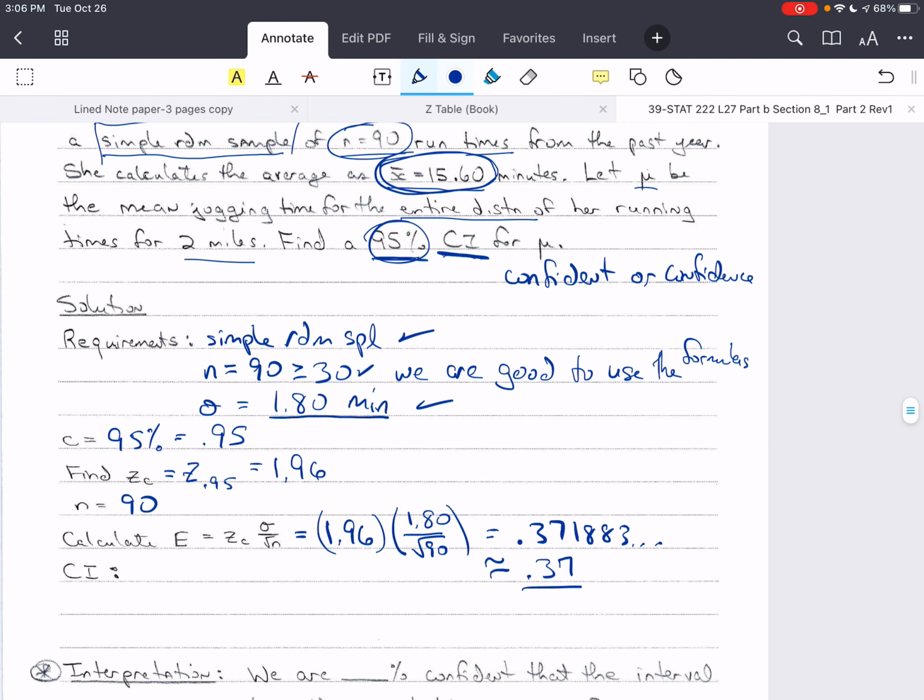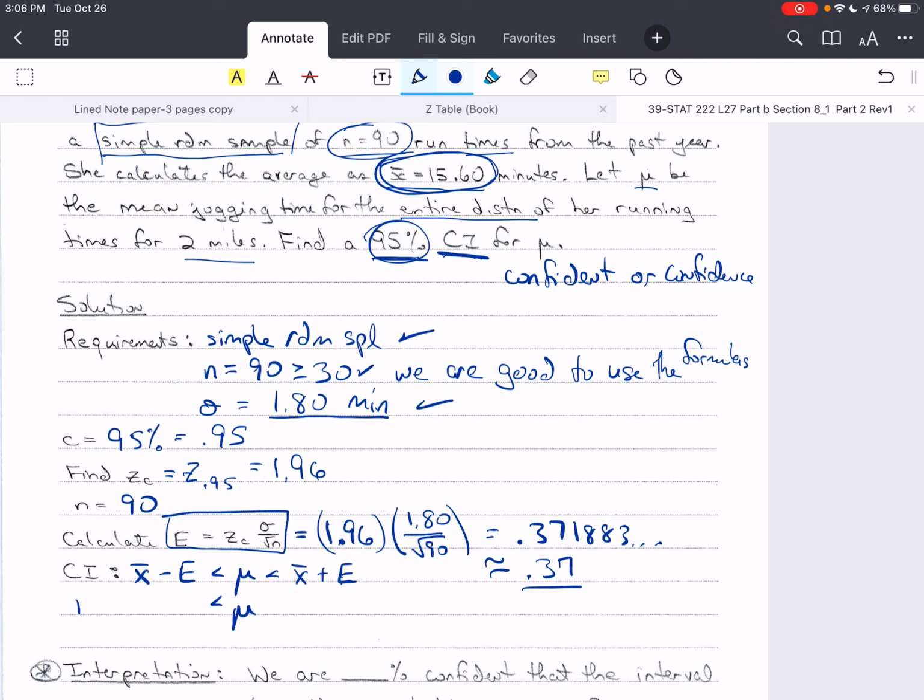And so our confidence interval, make sure you write down your formulas and then plug in the values on anything that you turn in to me. Okay? So for the confidence interval, we write down the formula x bar minus E is less than mu, and x bar plus E is greater than mu. And so now we plug in the values.